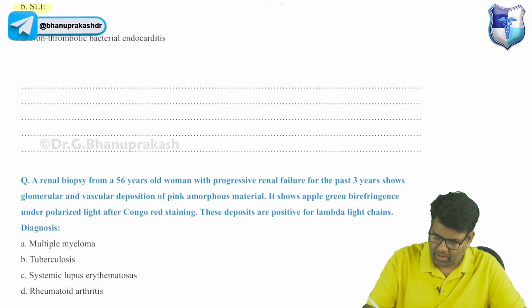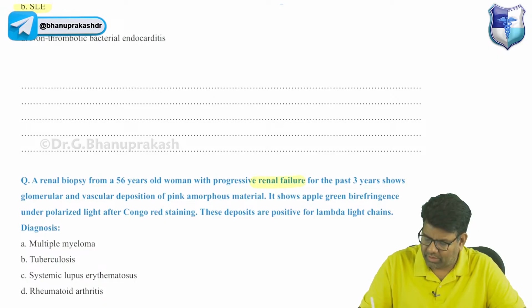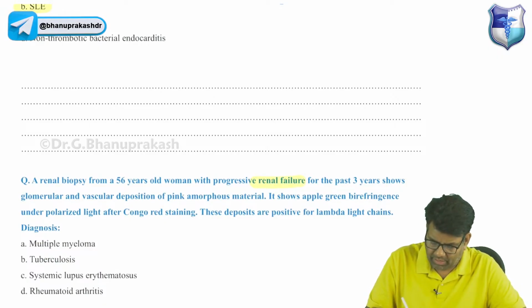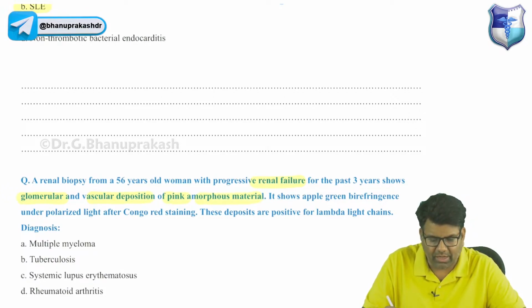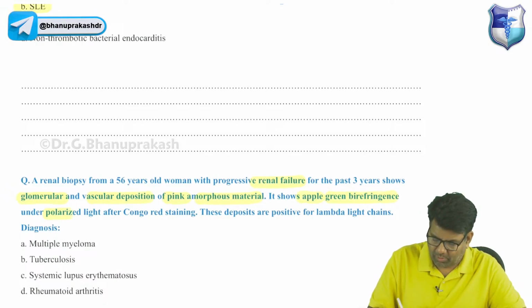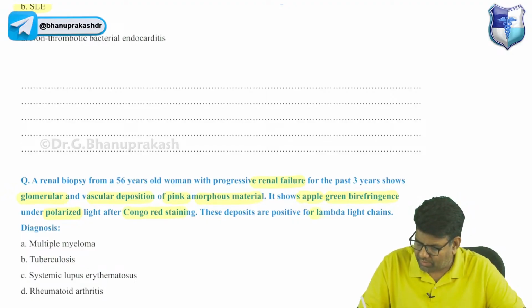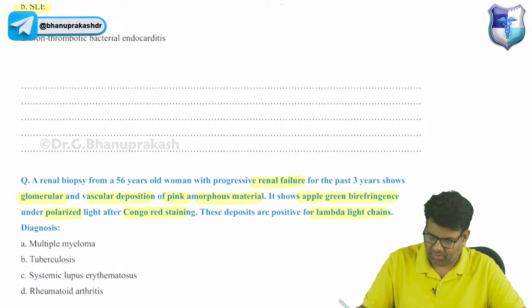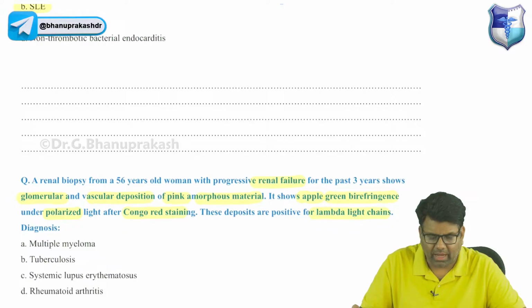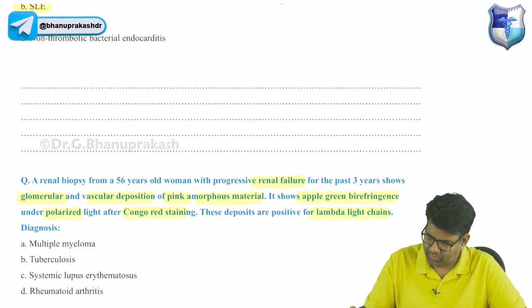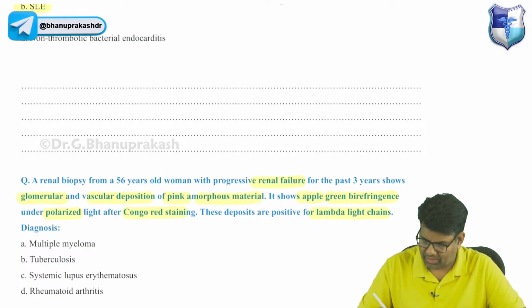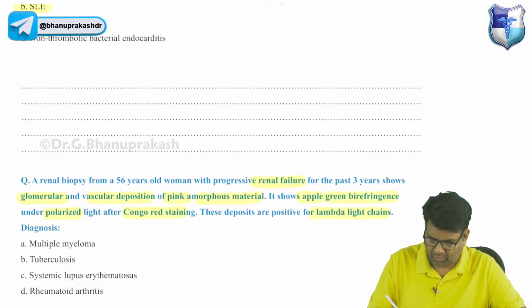Next question. In a person who is having progressive renal failure past 3 years, we can see glomerular and vascular deposition of pink amorphous material which shows apple green birefringence under polarized light with Congo red staining, which are positive for lambda light chains. What can be diagnosed? Yes, the condition is amyloidosis, but it is seen in which of the following options?